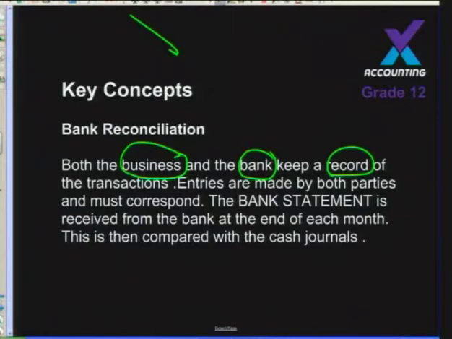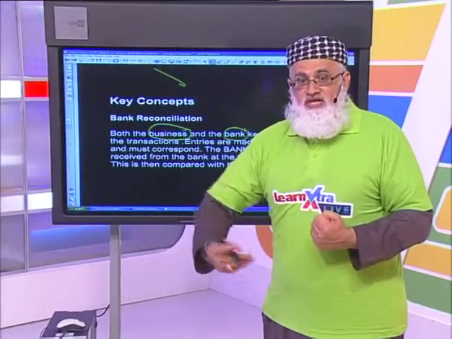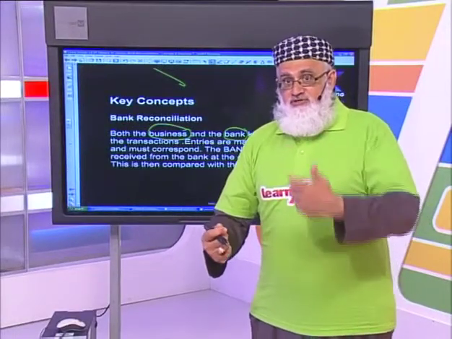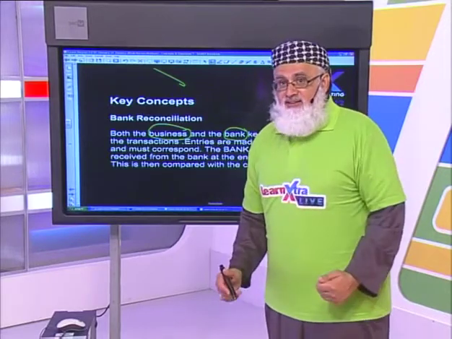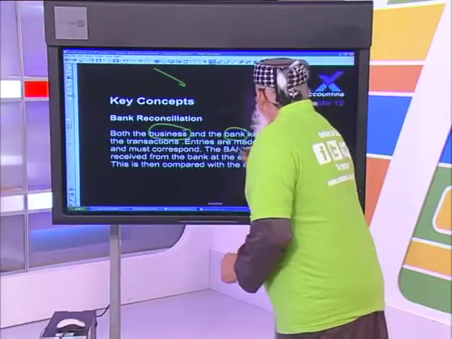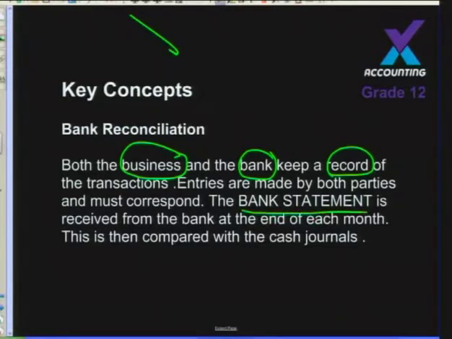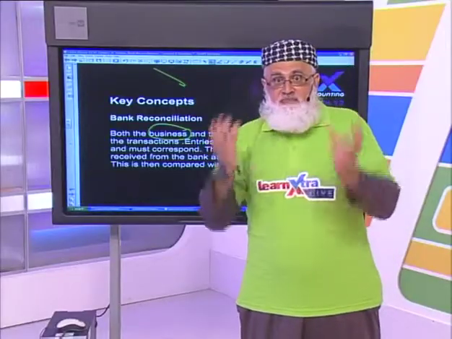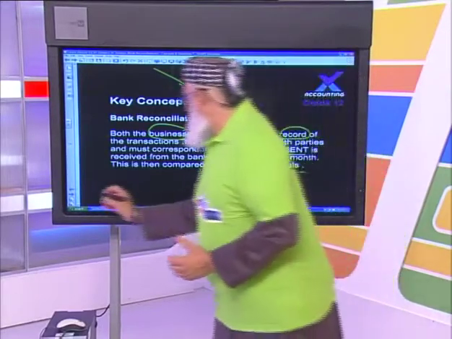How do we know what records the bank has kept? Surely, guys, at the end of the month, we're going to receive our bank statement. That's the one we're receiving. And this is then compared with our cash journals. Got that? So keep that in mind as the background.